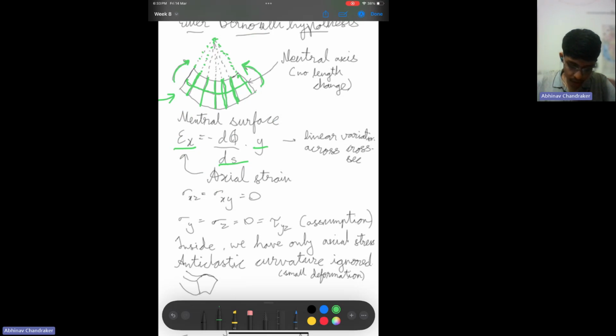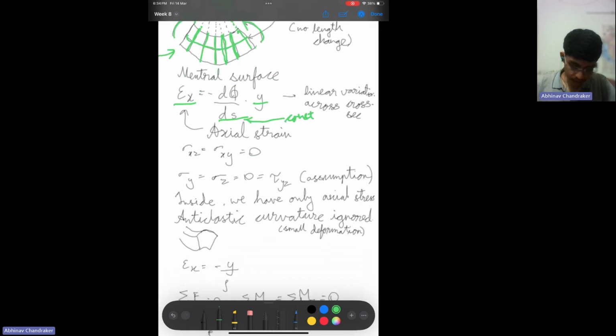Also, dou phi by dou s, the curvature, will be constant for a particular amount of bending moment applied. So we can see that there is a linear variation of the axial strain along the y direction.